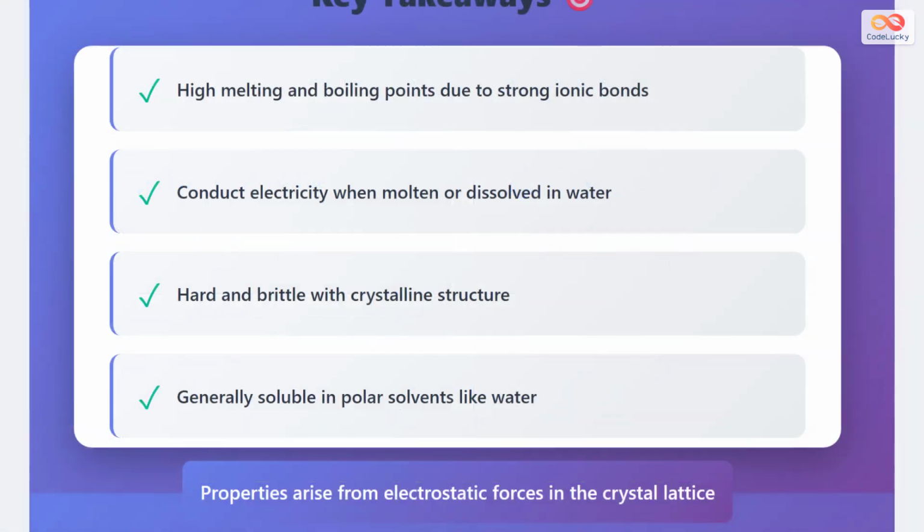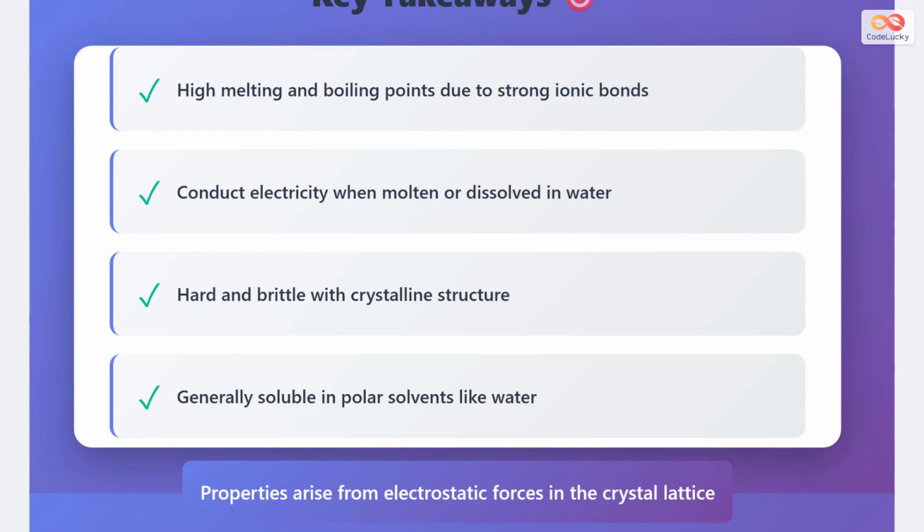Let's summarize the essential properties of ionic compounds. First, they have high melting and boiling points due to the strong electrostatic forces holding ions together in the crystal lattice. Second, they conduct electricity when molten or dissolved in water, but not in solid state, because ions must be mobile to carry charge. Third, they are hard and brittle with a crystalline structure that can shatter when stressed.